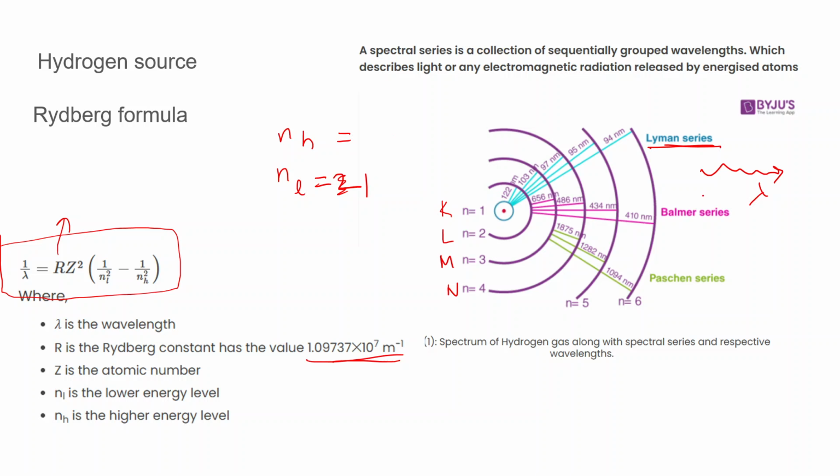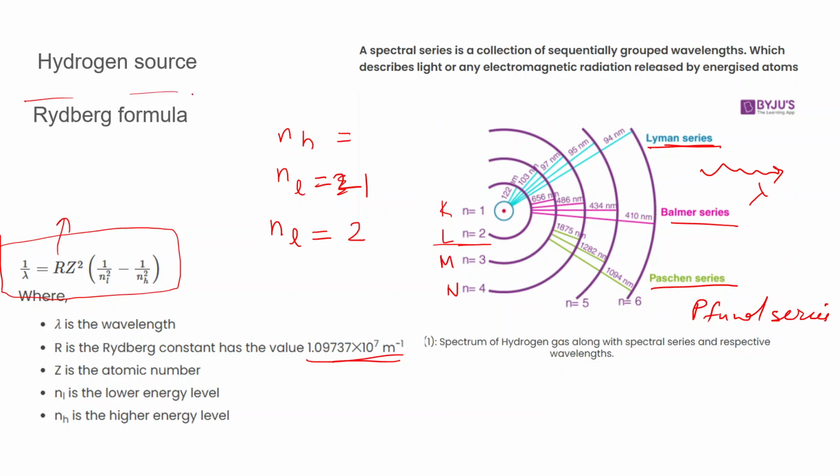If after giving out radiation it comes down to the lower energy level of 2, that is this L shell, then whatever wavelength it gives out will be part of the Balmer series, and similarly the Paschen series, and further the Pfund series. So this is what gives us spectra, and these are the various series. To find out the wavelength of that light depending on the higher and lower energy levels, this is the formula we can use.